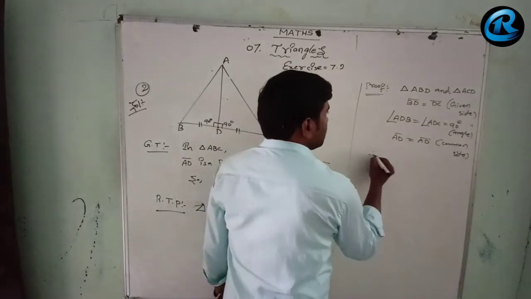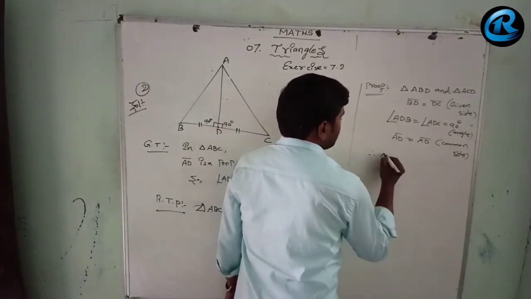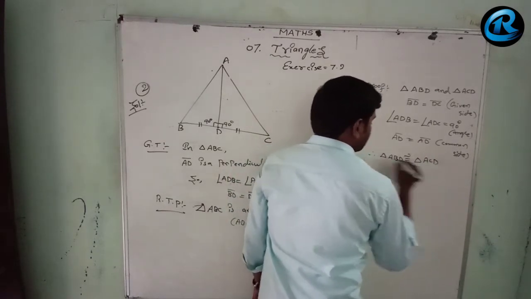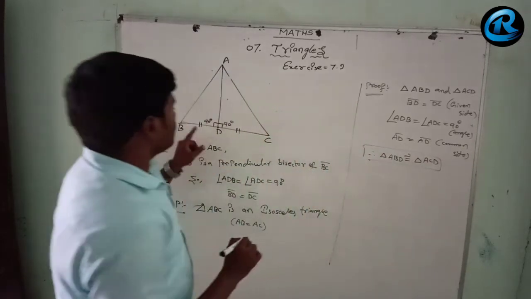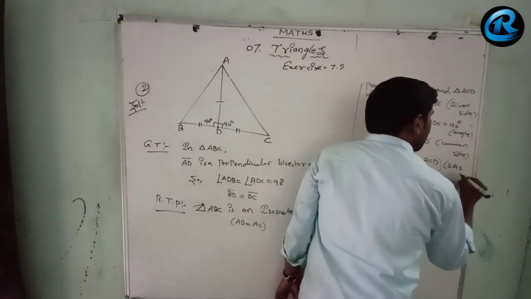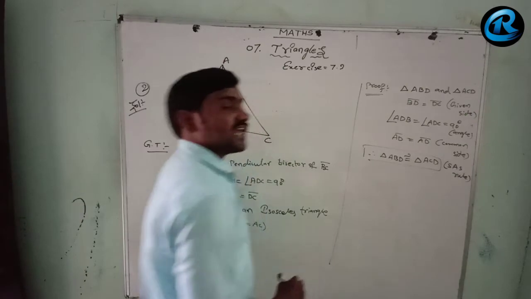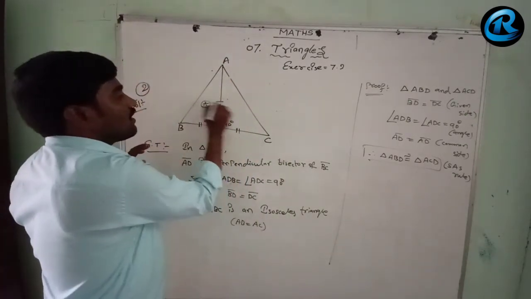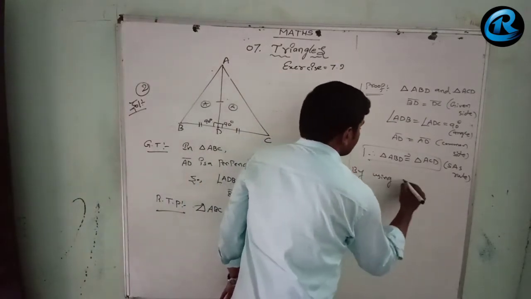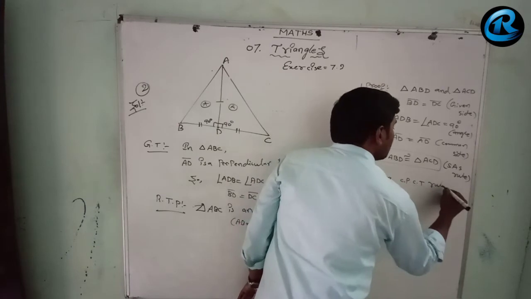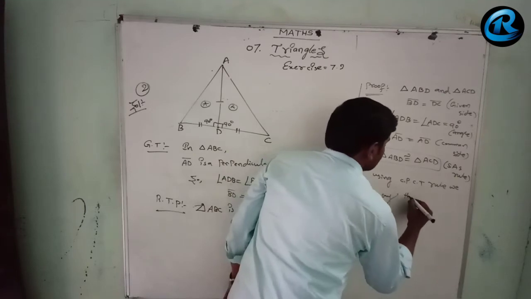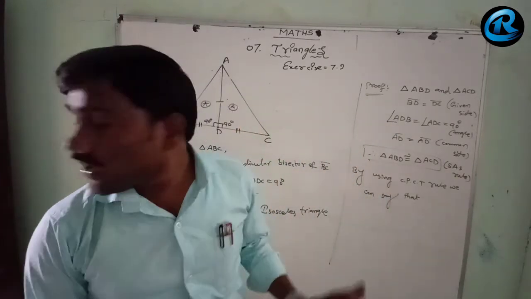So now we can say, therefore, triangle ABD is congruent to triangle ACD. These two triangles are congruent by the side angle side rule. By the CPCT rule, we can say, CPCT means corresponding parts of congruent triangles.